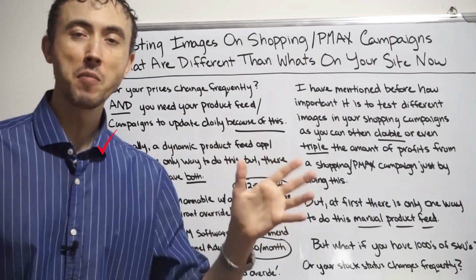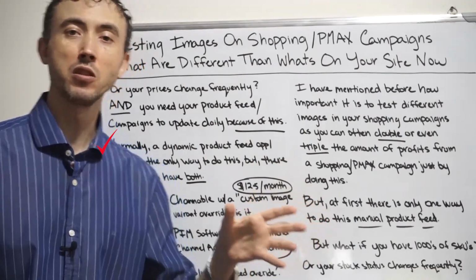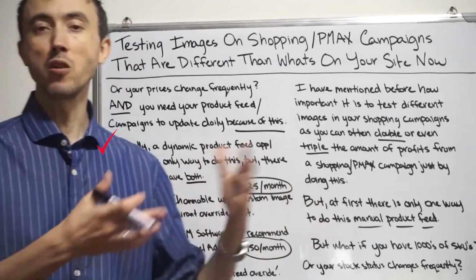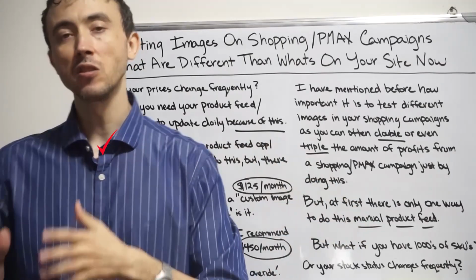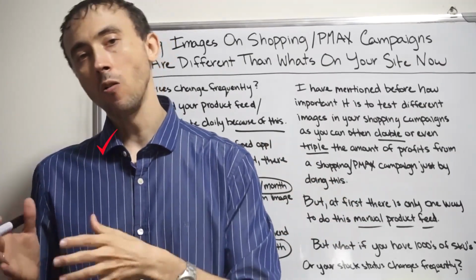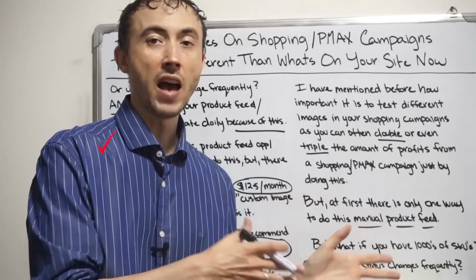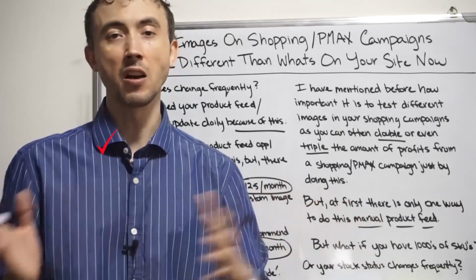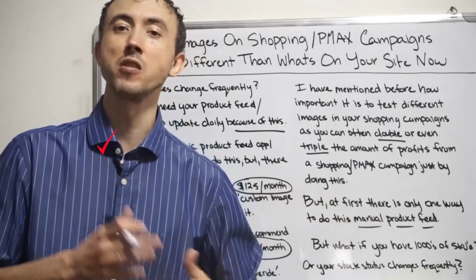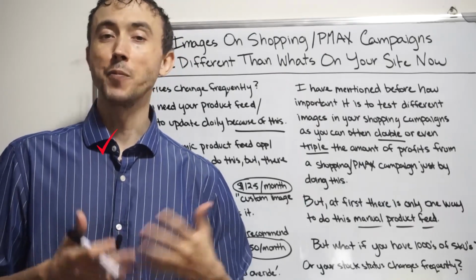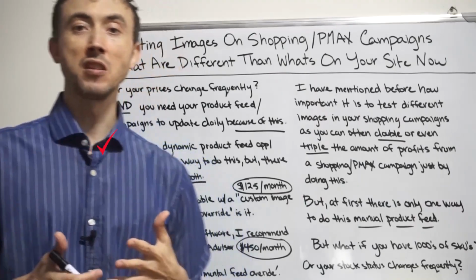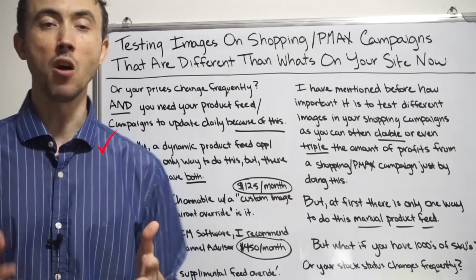But what those automated feeds do is automatically take all the products on your site and give them to Google as is. It doesn't do anything else besides that, at least the smaller base level options that most people starting out in business, or not huge businesses already, know about.